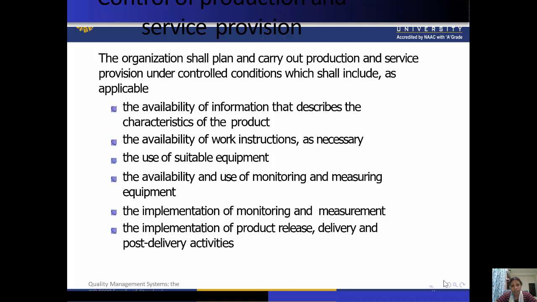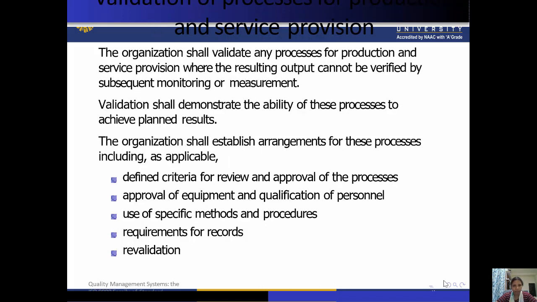The implementation of product release, delivery, and post-delivery activities are also included in that.